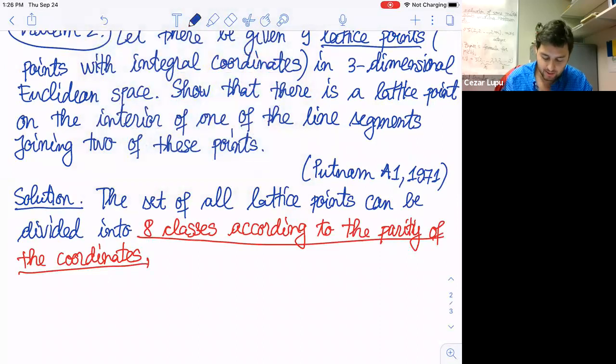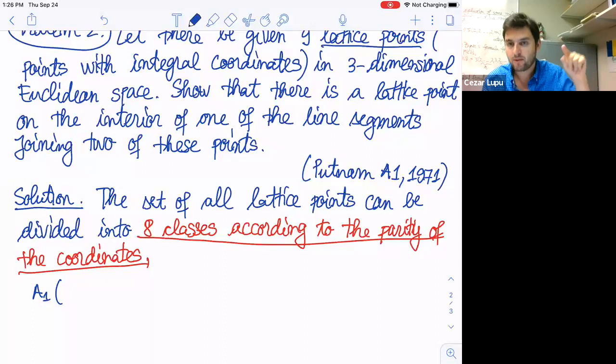Let's say I have a point A1, and pay attention, they're in 3-dimensional space. So how many coordinates do they have? 3, right? Remember from calculus 3, when you have a point in three-dimensional space, it has three coordinates. And the parities are 2, so you have odd and even, correct?